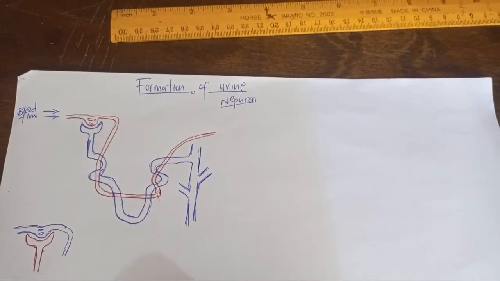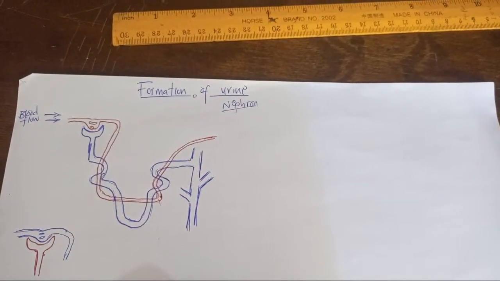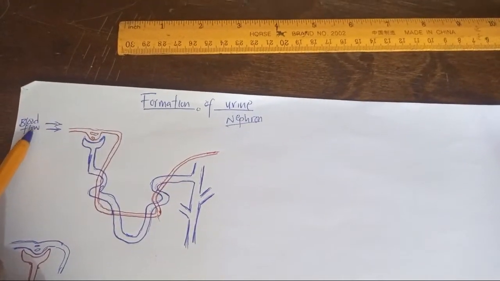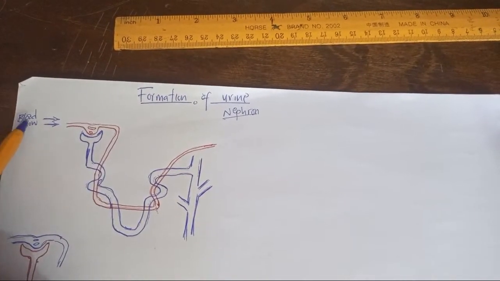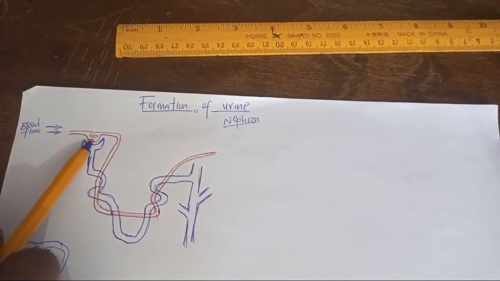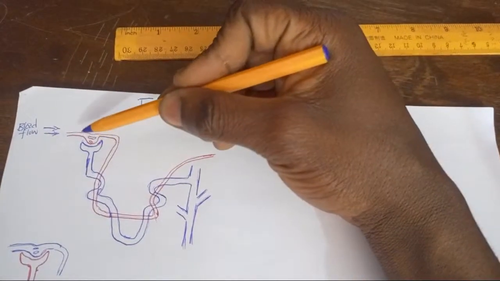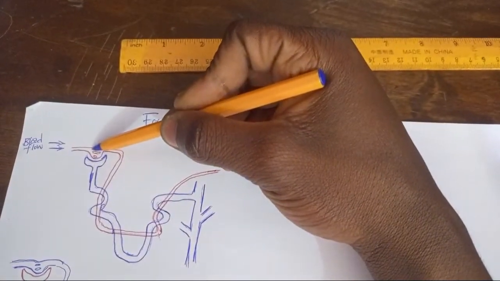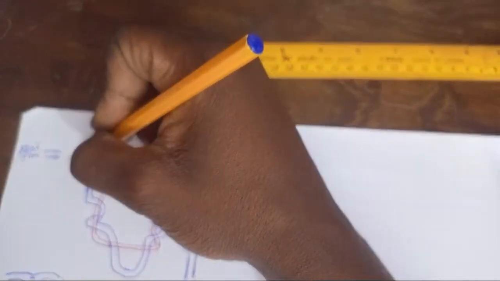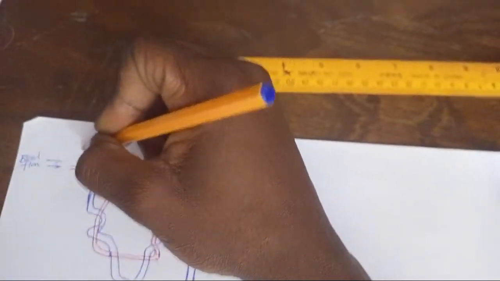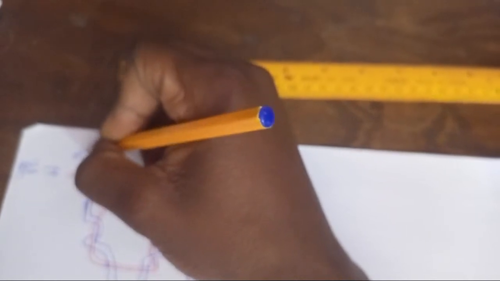So when labeling this, what you need to understand is that here at first, there's what we call blood flow. So blood is flowing, entering. Just at this point, we call this part the afferent end.